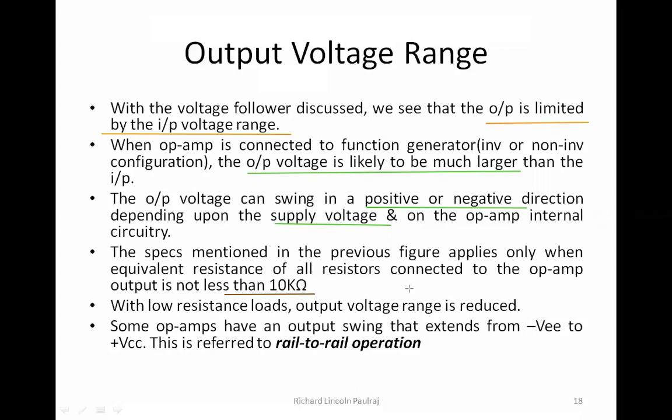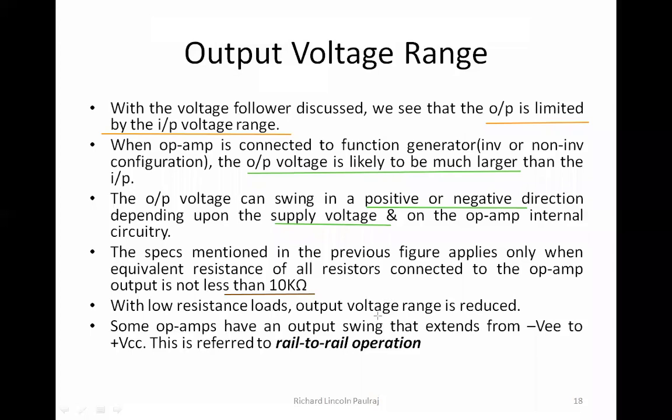Which means resistors play a very important role when we are deciding what kind of circuit I need, how much output is needed, how much input voltage I am giving, and in which stage I am going to connect this circuit.